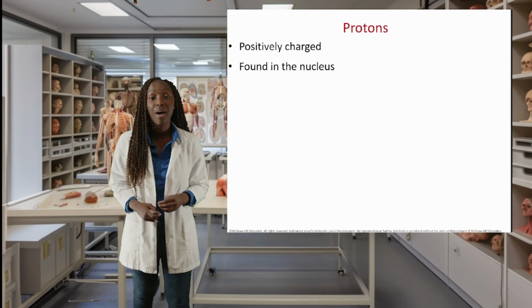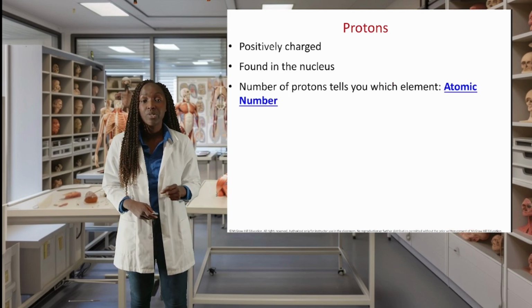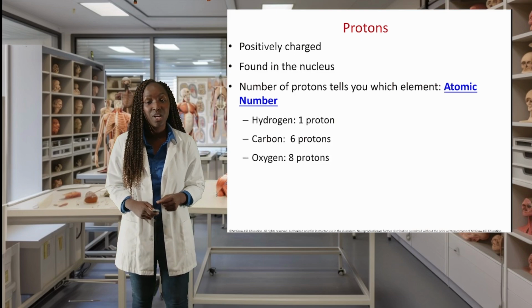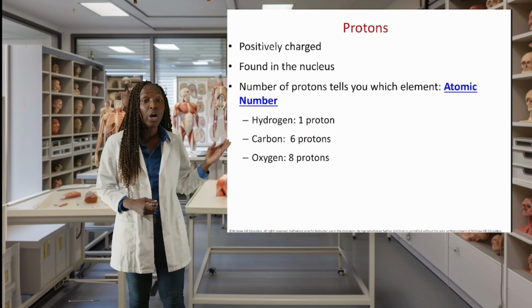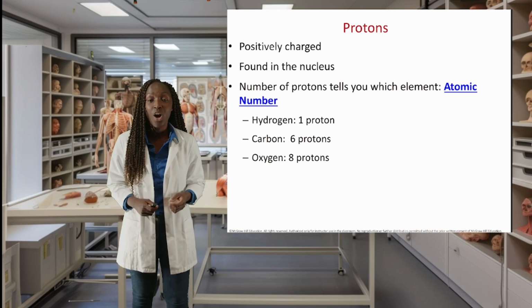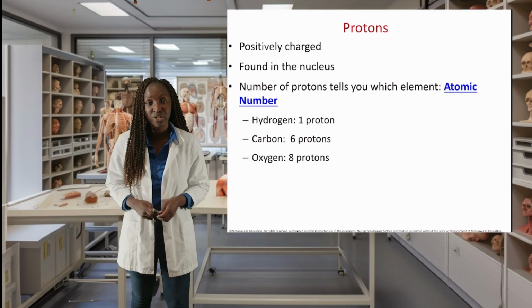Protons are our positively charged subatomic particle that's found in the nucleus. Protons are what helps us determine the atomic number of an element. So, for example, hydrogen only has 1 proton, therefore its atomic number is 1. Carbon has an atomic number of 6 due to its 6 protons, and oxygen has an atomic number of 8.